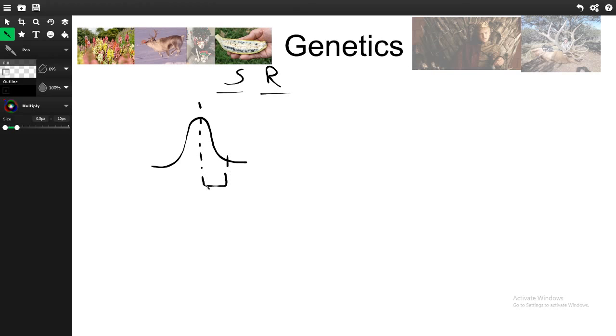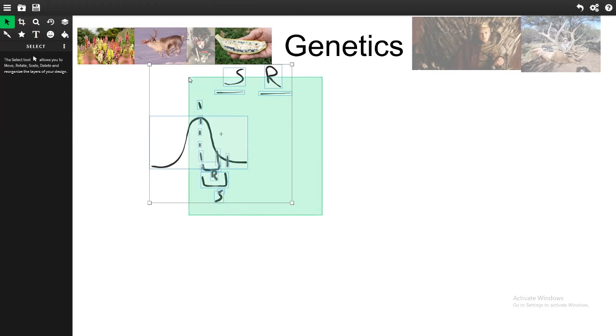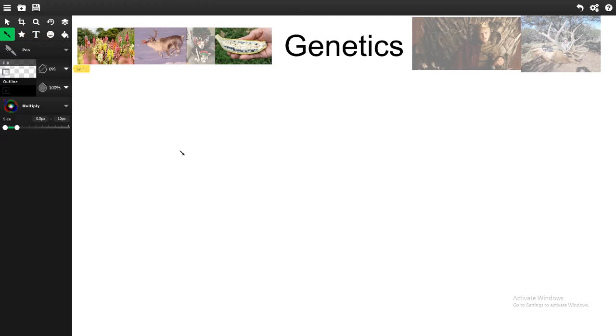This value right here is S. And the change, let's say they have an offspring, which is right here. So this value right here, yes, you guessed it, R. So this S actually stands for selection differential, and this R stands for response to selection. So with that in mind, we get to do some math.